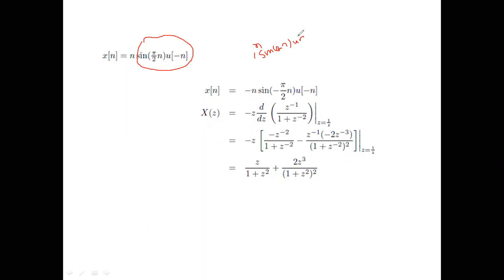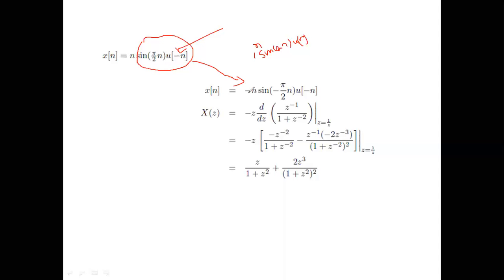Okay, remember, so what we will do here is, see, the moment you see u of minus n, it is time to apply the time reversal property. We cannot change u of n. That is why we have to introduce minus here. So that is why the same question has been rewritten in this particular manner. Okay, a minus has been included. Minus sine of minus theta is sine theta, right?